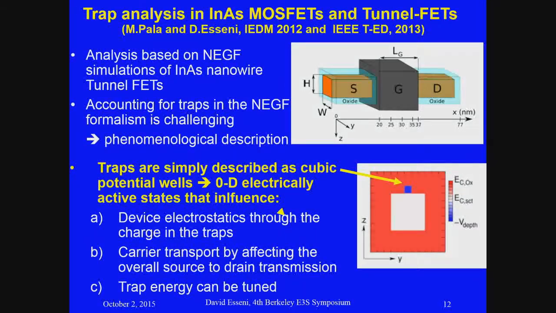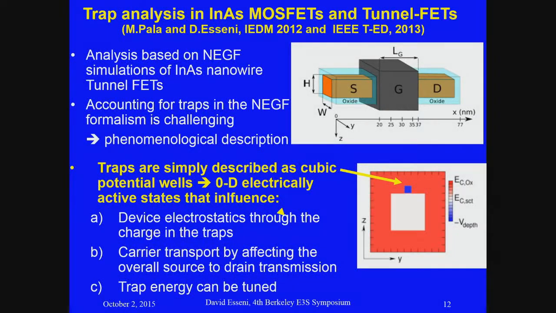We had results also for the trap placed in the bulk, so to speak, or I should say the center of the nanowire. And what is interesting in this approach, although it is a phenomenological one, is that when you put this in the electrostatic and NEGF solver, you have all these possible effects that are, let's say, naturally taken into account.